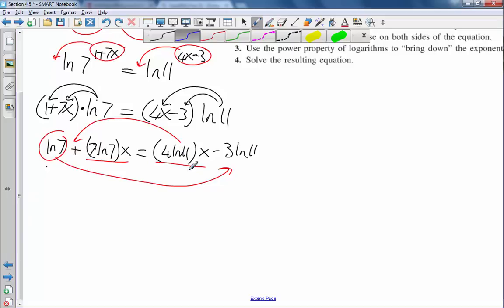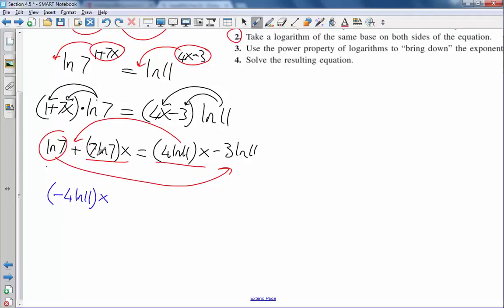So 4 ln 11x comes to left, minus 4 ln 11x. We have 7 ln 7x already there. Equals, this goes right, minus 3 ln 11 minus ln 7.